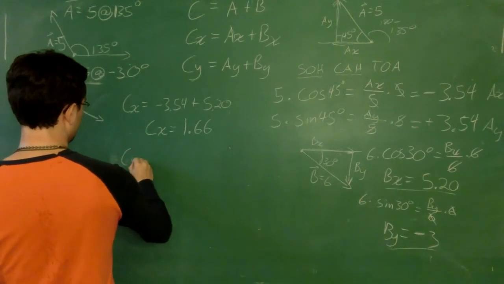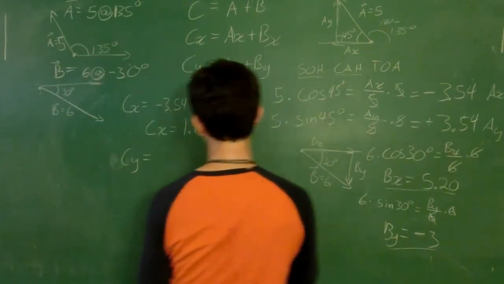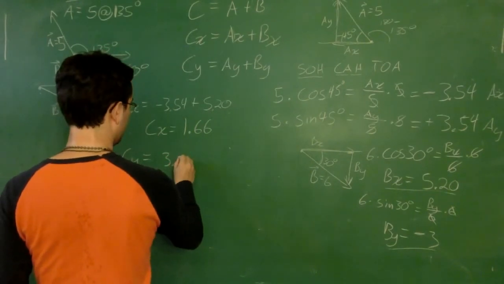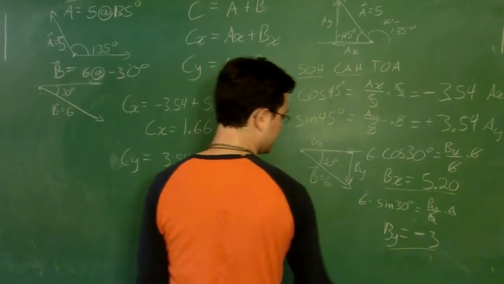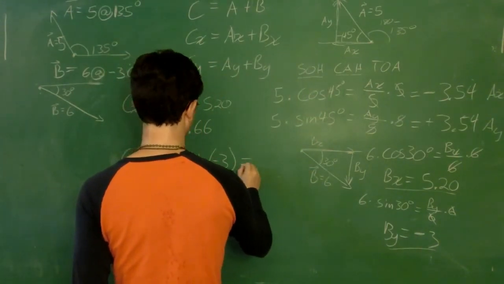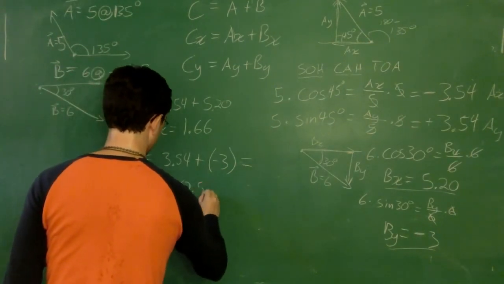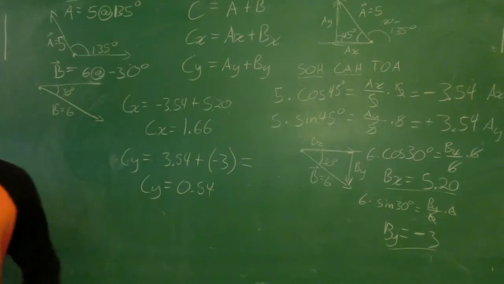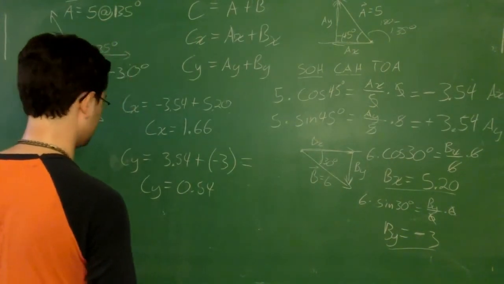Okay. C sub y equals our a sub y, which is a positive 3.54, plus our b sub y, which is a negative 3. Okay, so my c sub y equals 0.54. Yep. All right, now I know my components of c.